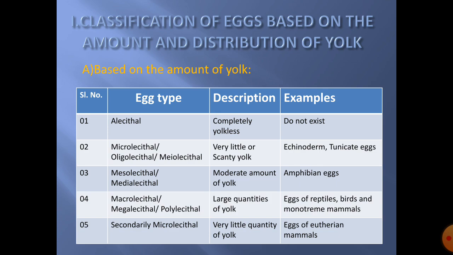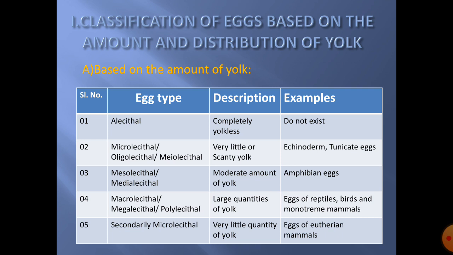Today's topic is effect of yolk on the cleavage pattern. But before getting into the topic as such, we need to know the classification of eggs based on the amount and distribution of yolk as background information.